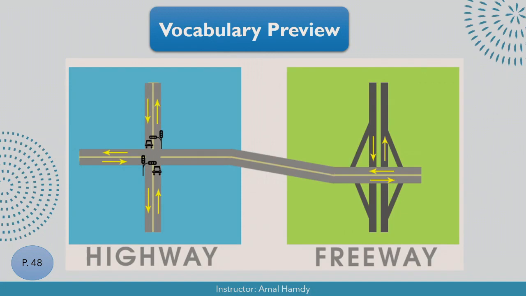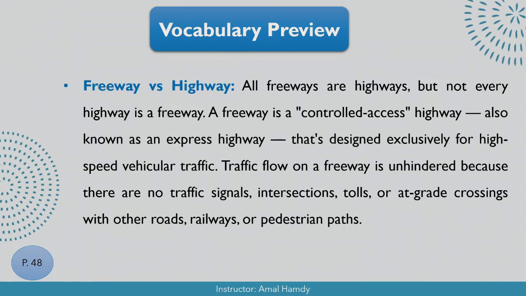Unlike a highway, which has intersections, meaning more than one intersection, plus pedestrians crossing the street, plus tolls, meaning you pay to pass through that road. But the freeway doesn't have more than one intersection and it doesn't have any pedestrians and it also doesn't have any tolls. Okay, so a freeway is much faster than a highway and freeways are very common in the US. So this is the difference between a freeway and a highway.